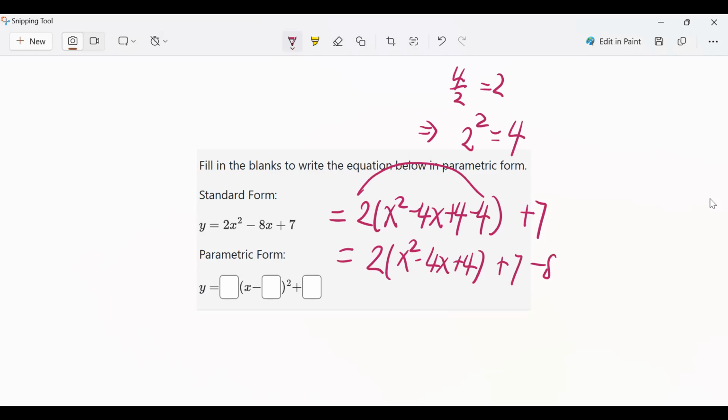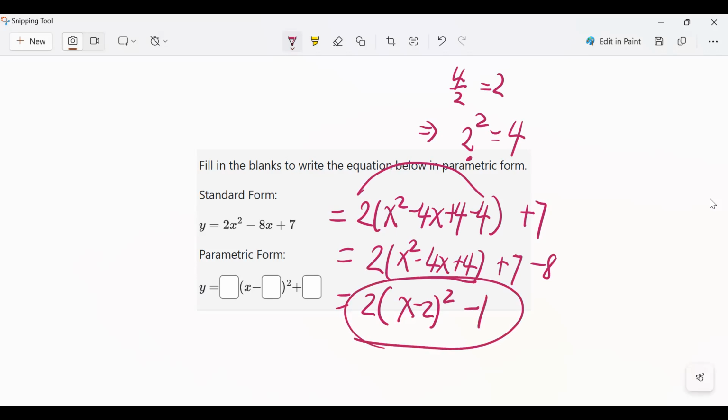Adding 7 minus 8. When you distribute it, move it outside. And we get a perfect square inside the parentheses. So x minus 2 squared, and minus 1. The number in front of it is 2, 2 here, and then plus minus 1, right?